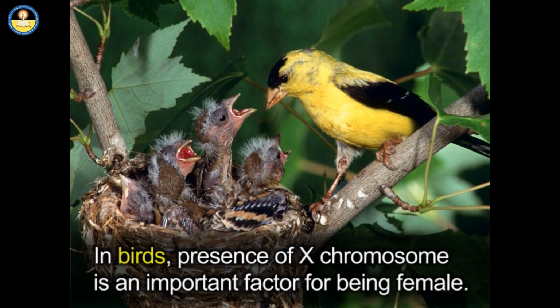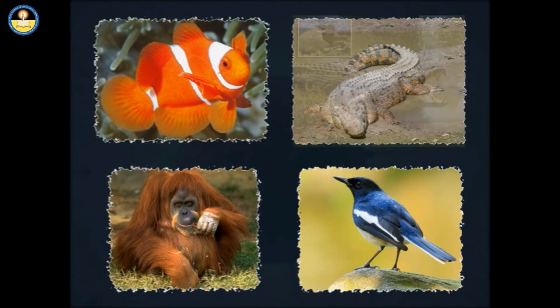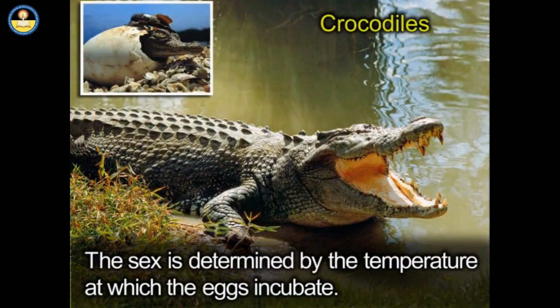However, in birds, presence of X chromosome is an important factor for being female. In alligators, crocodiles, etc., the sex of the offspring is actually determined by the temperature at which the eggs incubate.